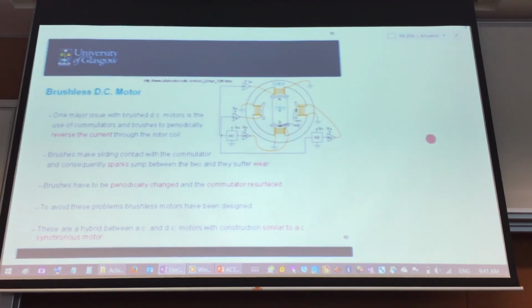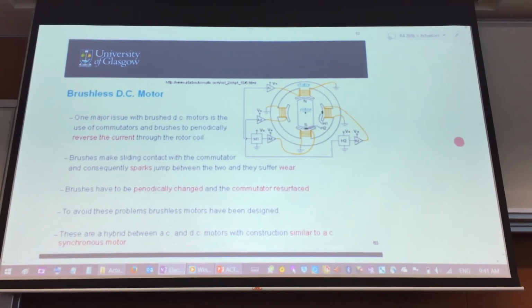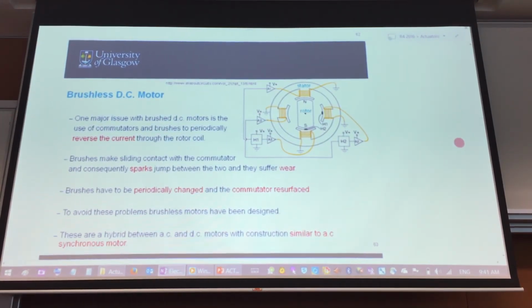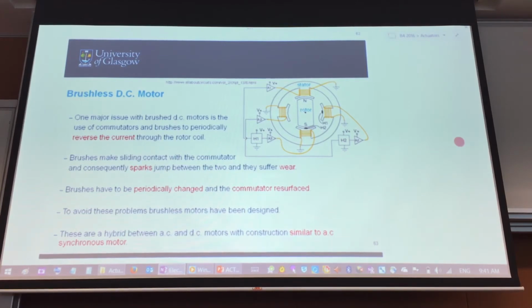Let's have a look at the brushless DC motor. In the brushed DC motor I was describing, there are these brushes beside you, and although they're made of carbon and can last a long time, over time they're going to wear off. So that is a problem.